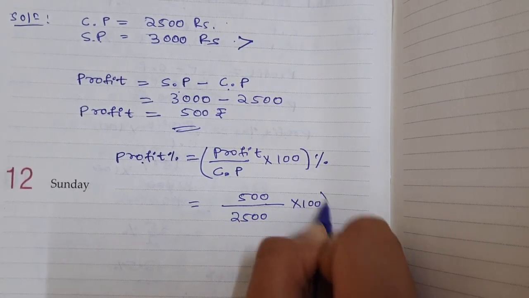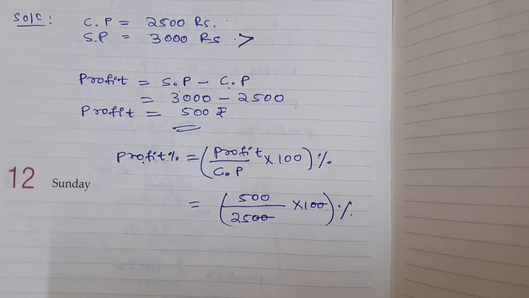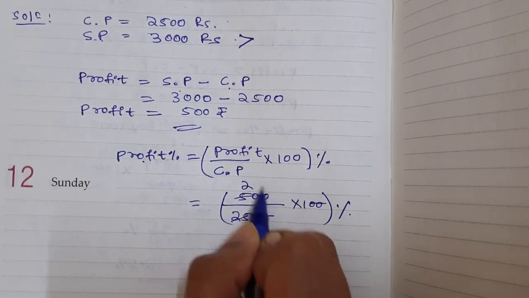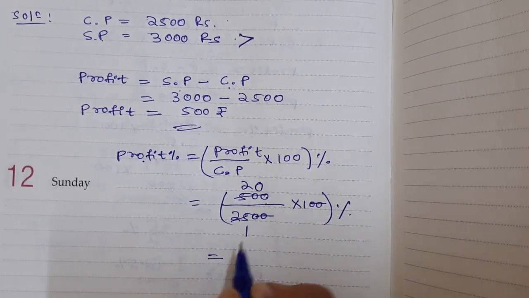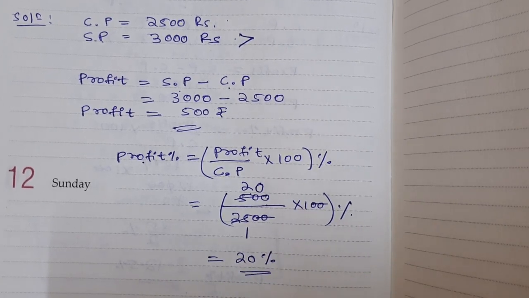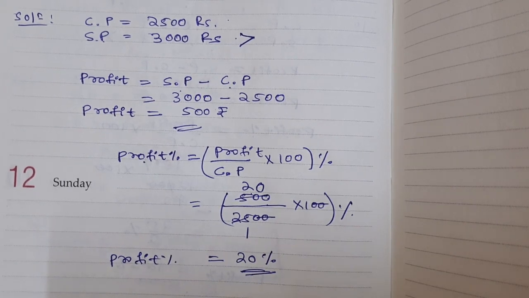Multiply this with 100 and a percentage symbol. These two zeros got cancelled. 25 ones are 25, 25 twos are 50 and then this 0. So the answer is 20%. Profit percentage is 20%.